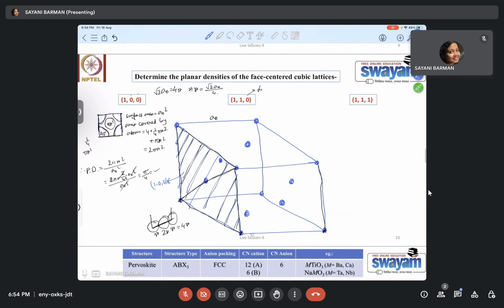So the plane is actually this one. I'll take another color.